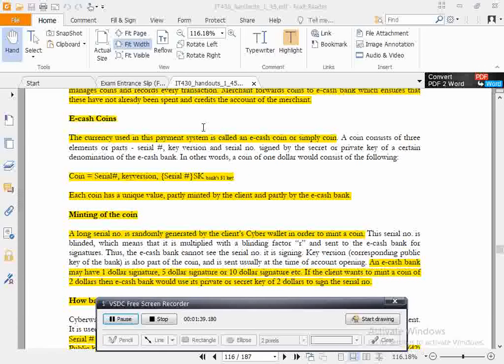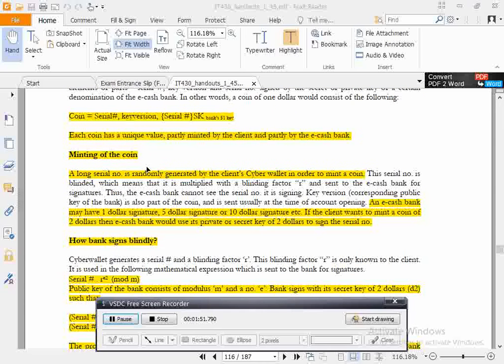eCash coins: the currency used in this payment system is called an e-cash coin, or simply coin. तो नेक्स्ट है हमारे पास, each coin has a unique value, partly minted by the client and partly by the e-cash bank.